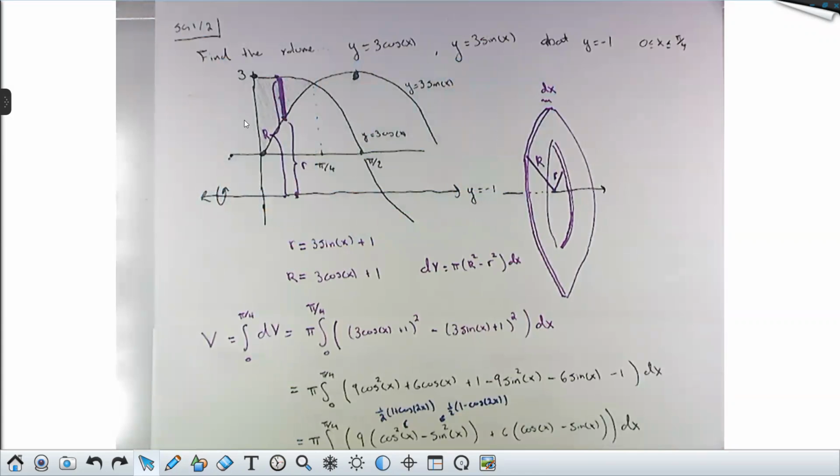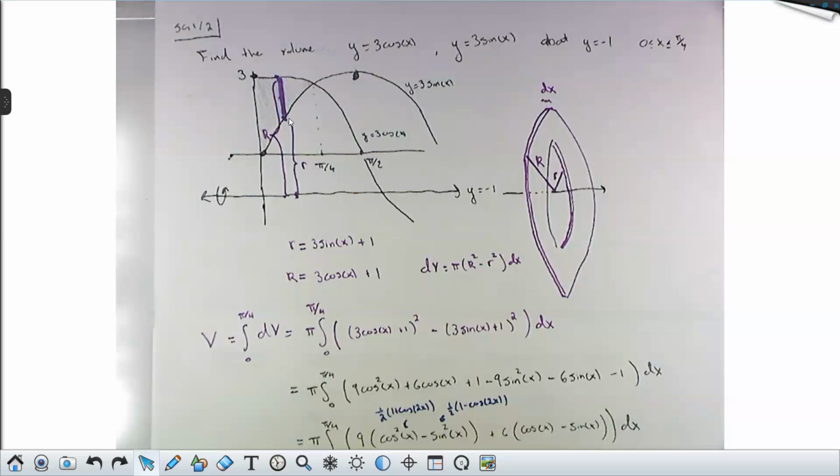So little r should be the distance, right? The strip has an end that is closer to the axis of rotation and an end that is further from the axis of rotation. The width of this strip is thought to be infinitely narrow. It's differential. So horizontally, we think of this strip as having a very, very narrow width, basically width 0.